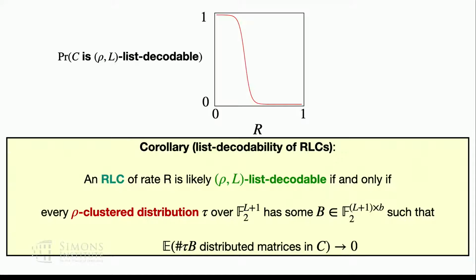The problem starts when, for example, you want to talk about the regime of Reed-Solomon codes, where q is like n. One of the places where this fails for large q is that now you have many. Recall that the number of bad distributions was like n.